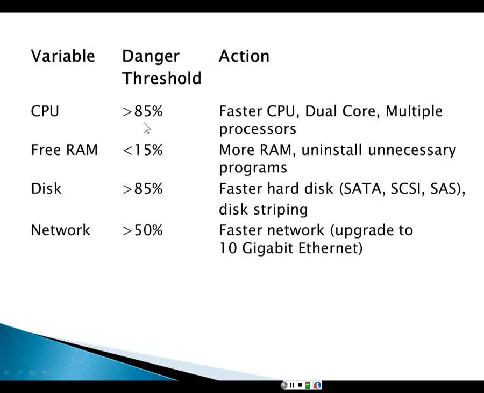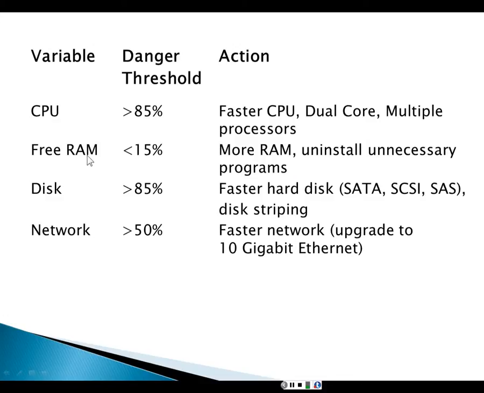I don't mean it occasionally spikes to 85%. I mean it's sitting at 85 and 95% all day long. If that's so, you could get a faster CPU, or get a dual-core processor, or a quad-core processor, or get multiple processors, or maybe even move some of the virtual machines to a different ESXi host.